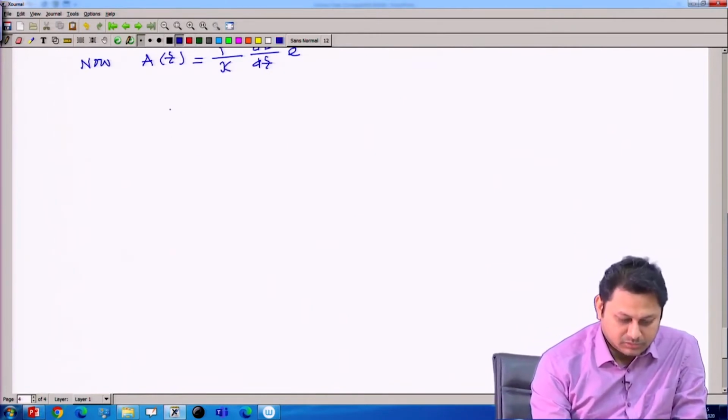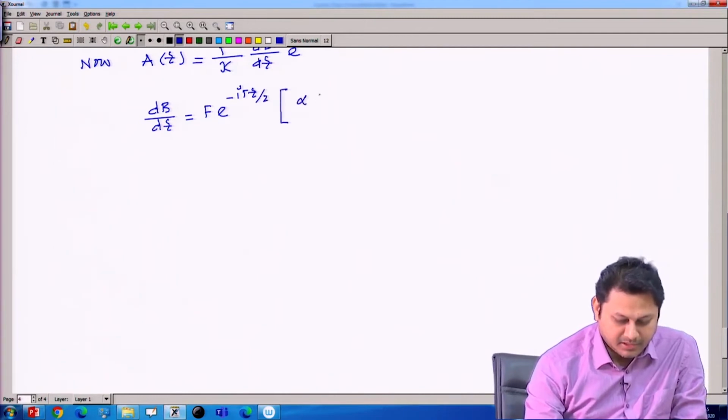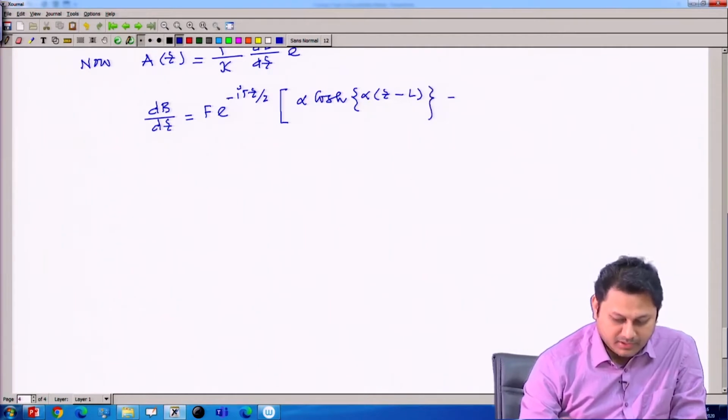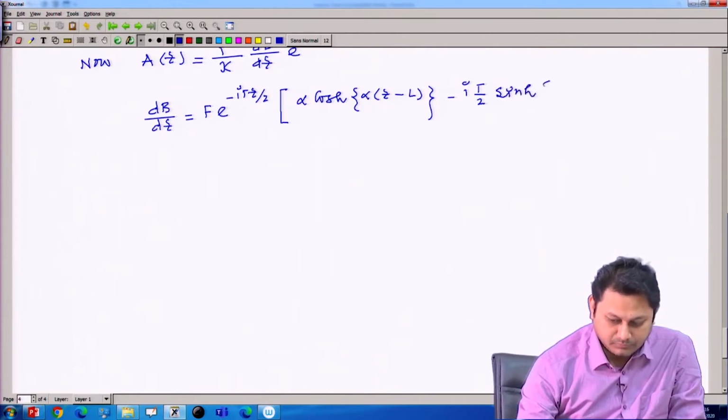So b I know, so del b del z will be simply f e to the power of minus i gamma z by 2, and I can have the derivative like alpha cosh of alpha (z minus L), and for this I have i gamma divided by 2 sinh of alpha (z minus L), bracket close.